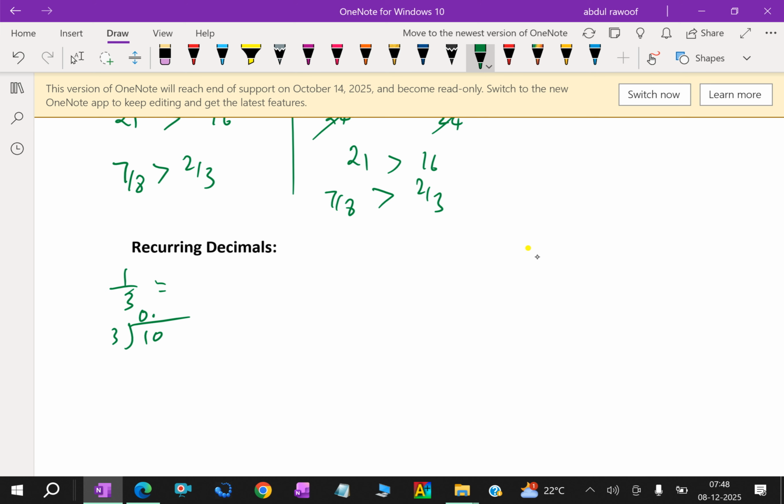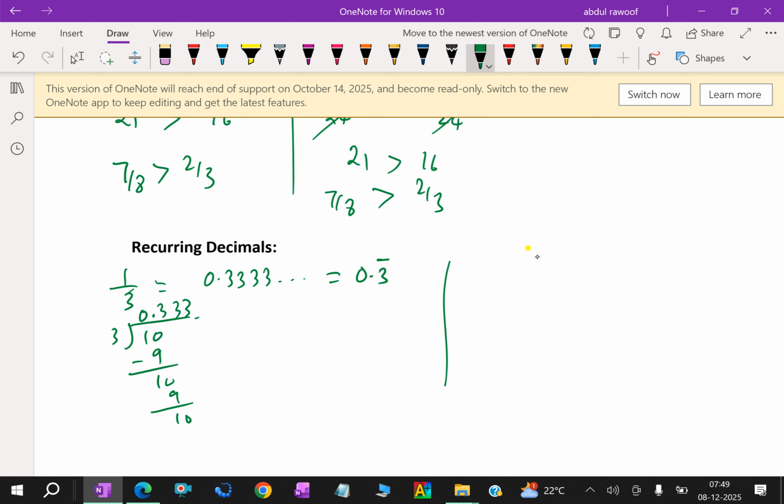In 10, 3 goes 3 times, 3 threes are 9. Subtracting gives 1, add 0, again 3 threes are 9, subtraction is 1, add 0. That means it is continuing. Therefore, 1 over 3 is 0.3333 and it goes on. We can also write it as 0.3 with a bar on top, which means the same number is continuing.